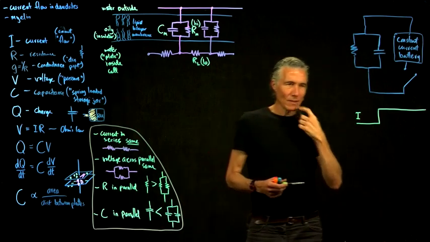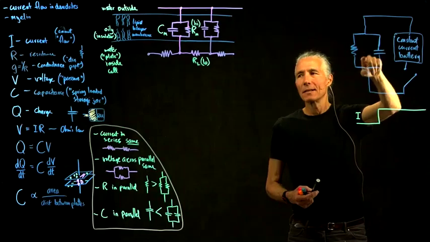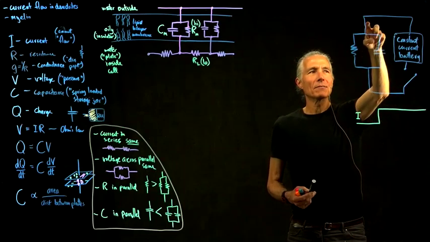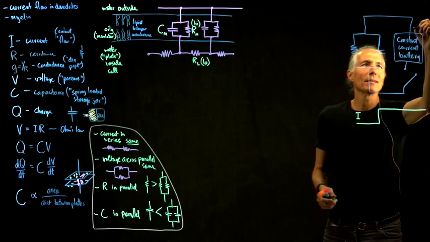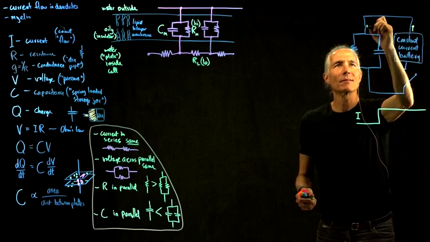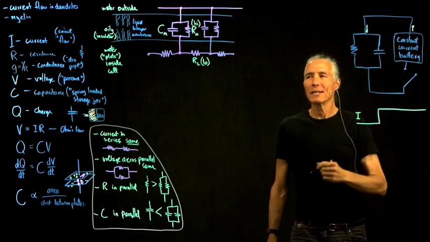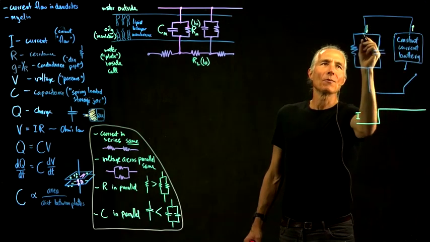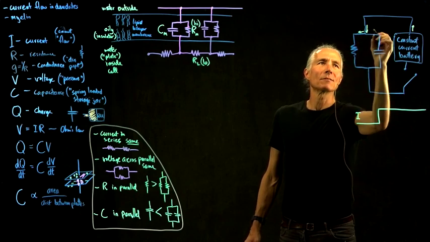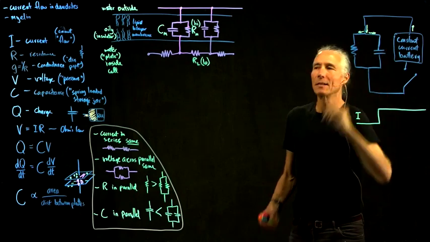So now we can ask, when that current comes out of the battery, you imagine some current coming out of the battery, and it comes to this point, and now it's got two possible ways to go. It can go this way, or it can go this way.